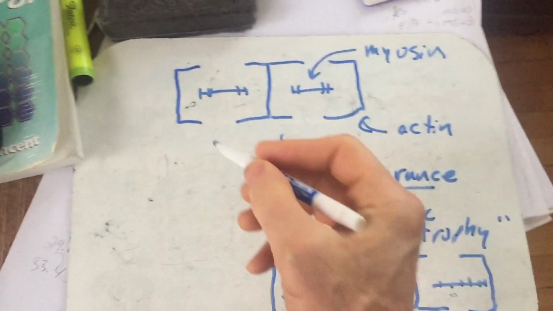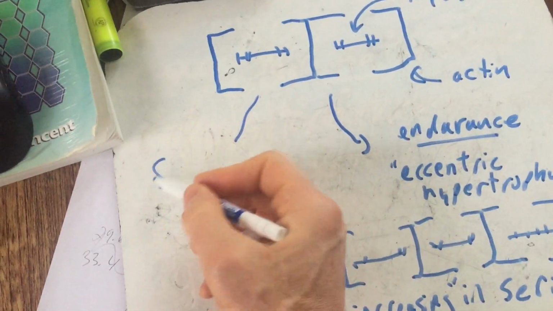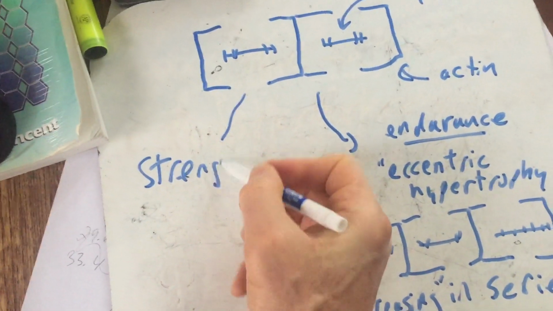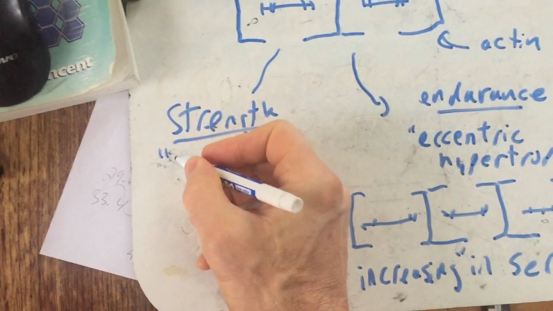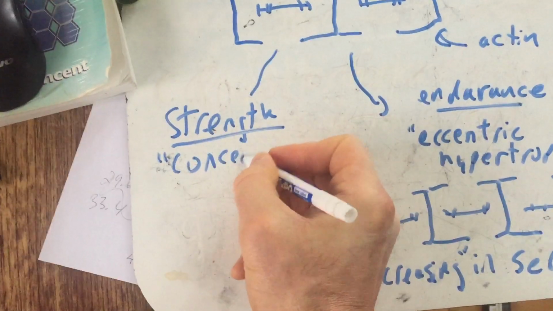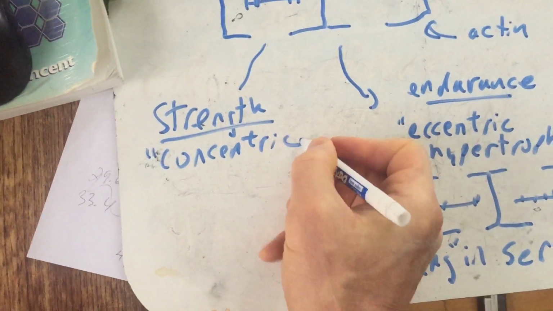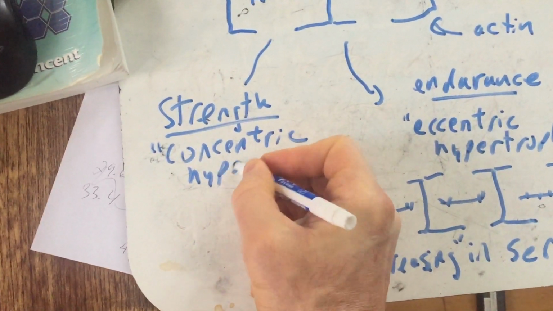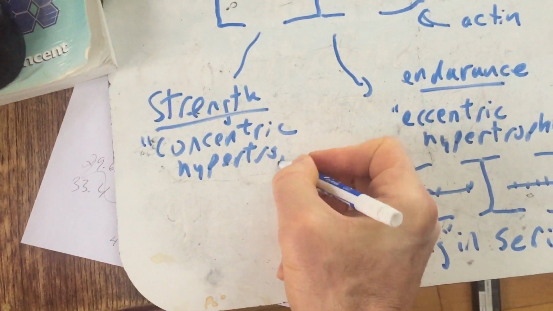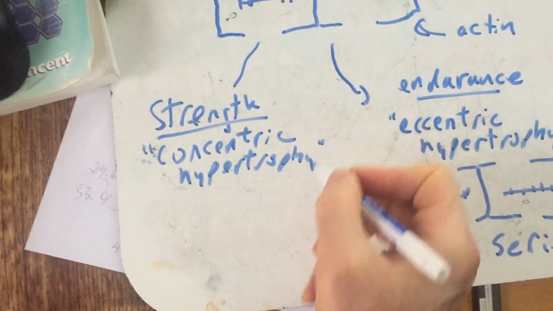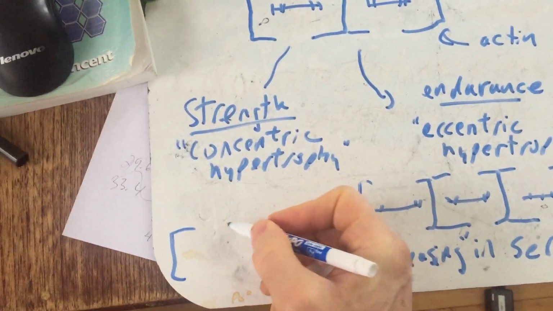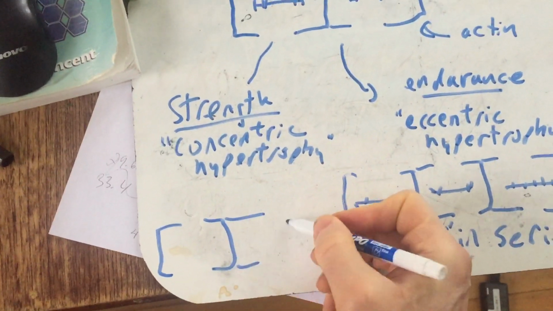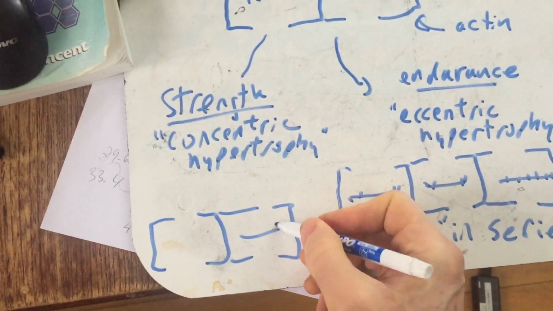With strength training, on the other hand, you get that pressure overload, and you get what's called a concentric hypertrophy, where the sarcomeres will increase, but they'll increase in parallel.